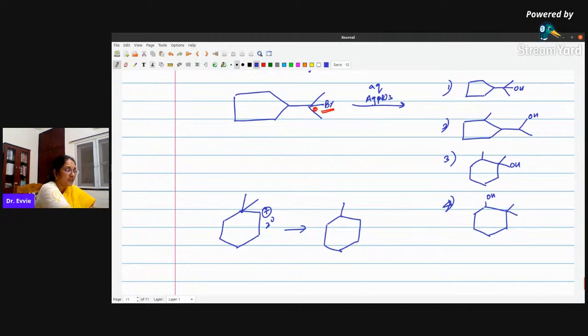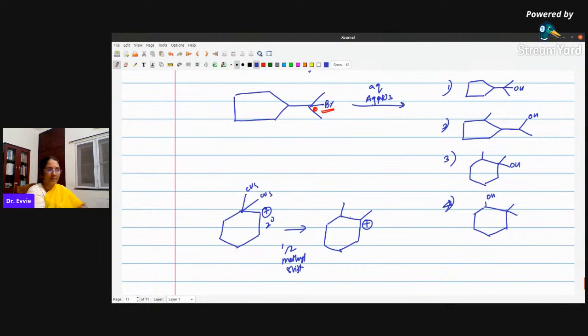So it will move, and what will move here? Now a methyl group will move. There's no hydrogen here because there is a methyl group here and a methyl group here. So obviously the methyl group has to move. We can write it as a 1,2 methyl shift. You will have a methyl shift here and a positive charge here.